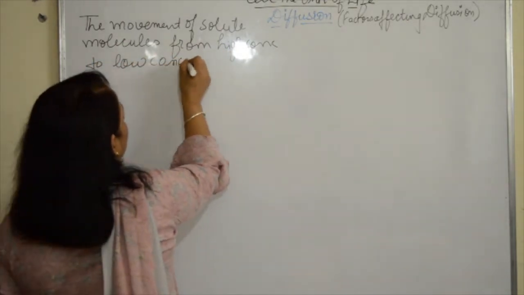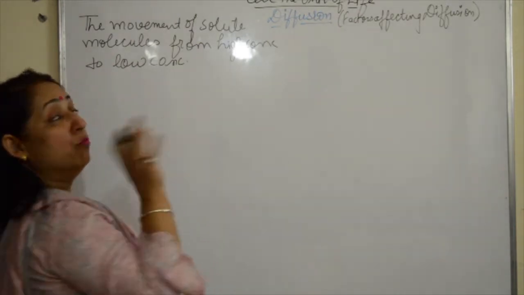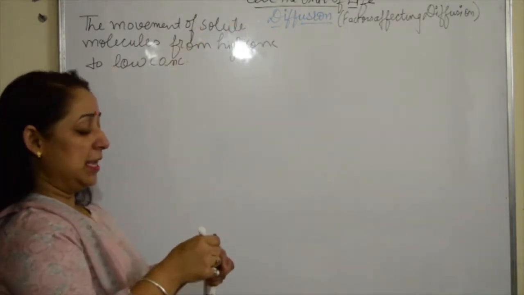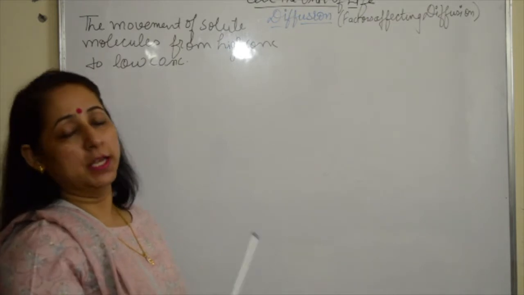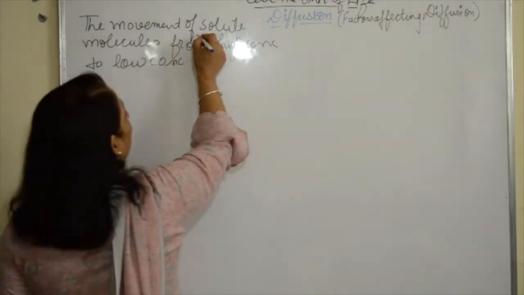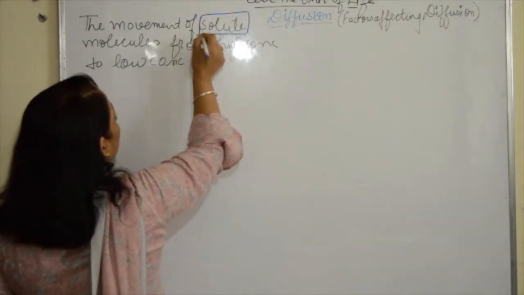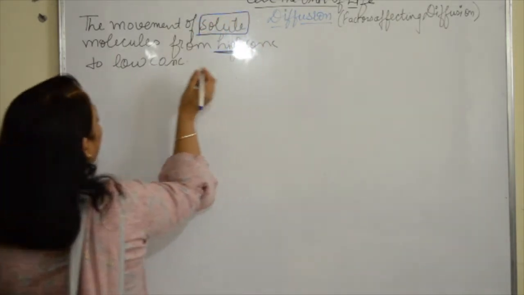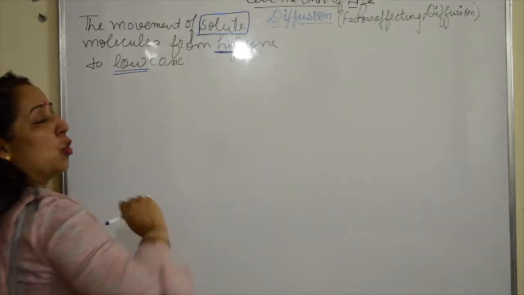And when we were talking about osmosis, we said movement of water molecules, that means solvent molecules. So when we are talking about osmosis, we only talk about water, but diffusion is the movement of the solute molecules from the region of high concentration to the region of low concentration.